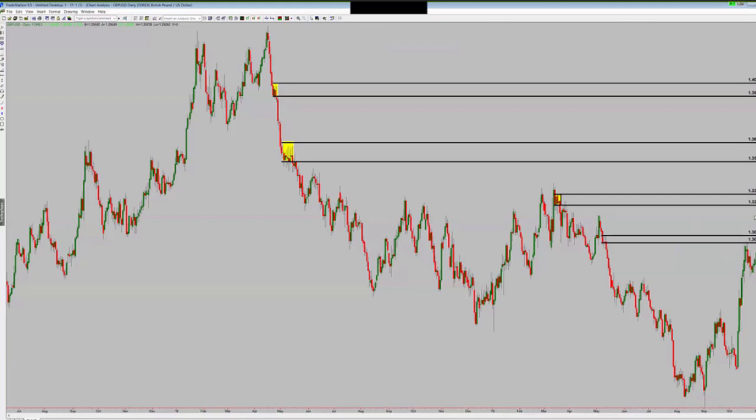Because typically you don't want to take another entry into a level after it's been there. But what most people do is they look at the touch count. They say, oh, it's been to that level this many times, and therefore want to take it. I don't want to take it.